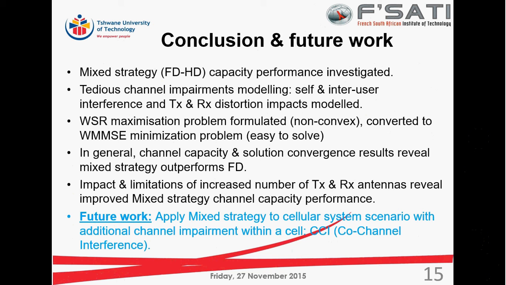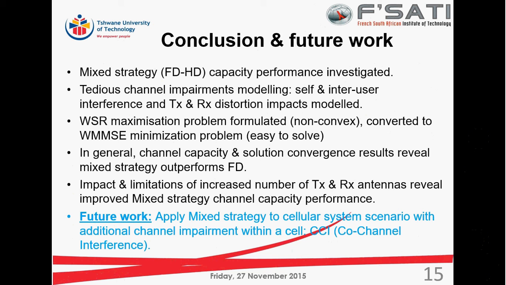In general, channel capacity and solution convergence results reveal that the mixed strategy outperforms the full duplex channel optimization method. The impact and limitation of the increased number of transmit and receive antennas has revealed that with the mixed strategy being used and the number of antennas being increased, channel capacity performance improves.